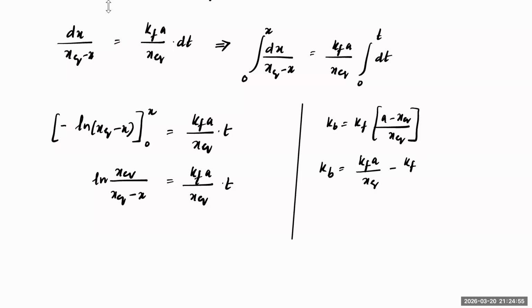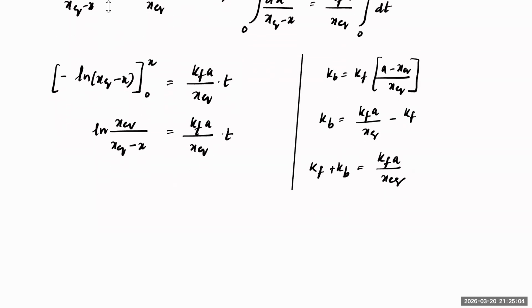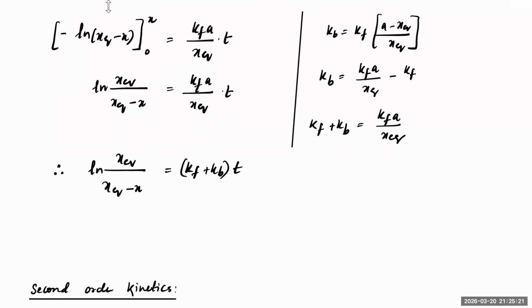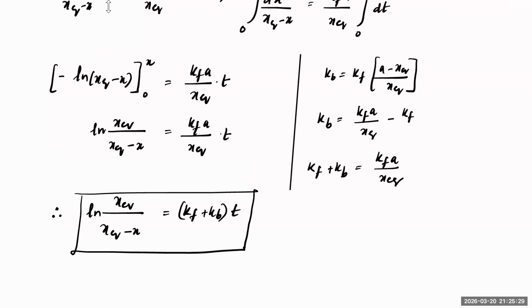So from here I can write that k forward plus k backward can be written as kf of a by x equilibrium. So now this part I can replace with this one. Therefore, we get this final equation: ln x equilibrium by (x equilibrium minus x) is equal to (k forward plus k backward) into t. So these two terms must be given to us to solve it. So this is how you can generate the first order kinetics for an equilibrium reaction.